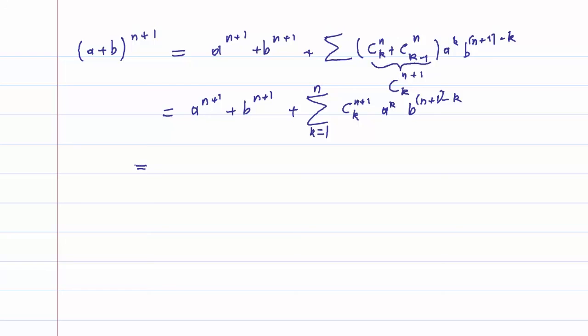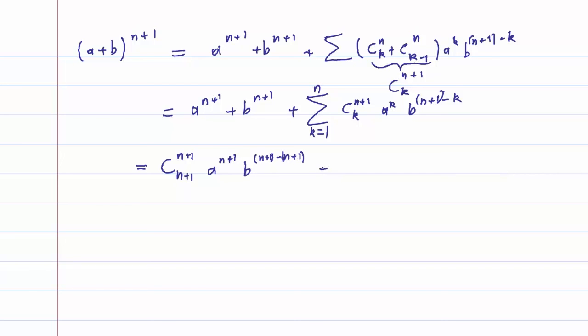We are going to take the a^(n plus 1) and write it in a more complicated way, which is C(n plus 1, n plus 1). This is just 1 times a^(n plus 1) b^(n plus 1 minus (n plus 1)). And this is also 1. So this is just the a that we wrote in a more fancy version.